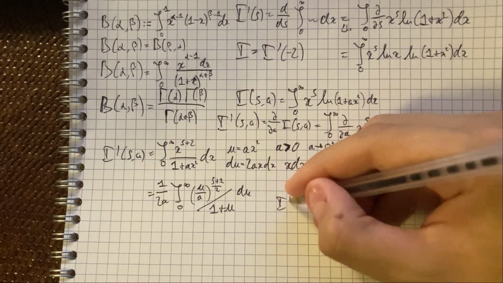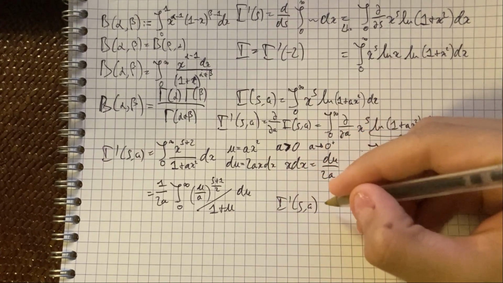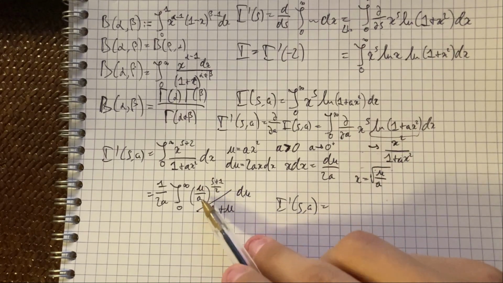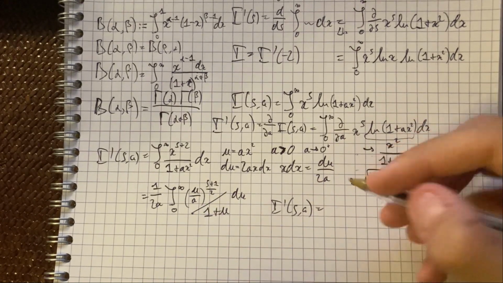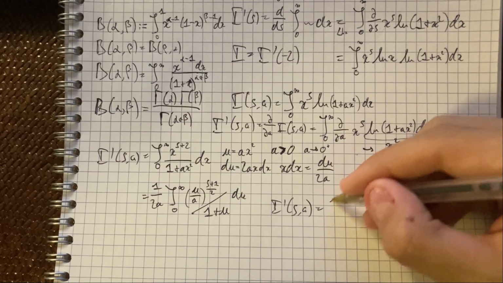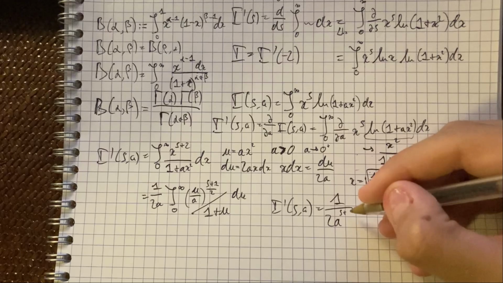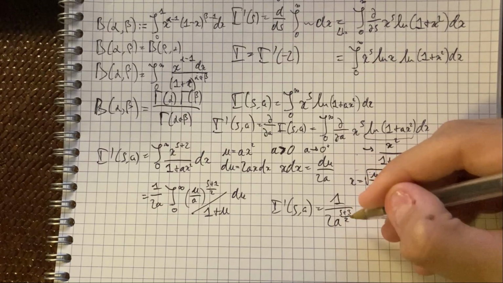Which means we take this a to the s plus 1 over 2 power outside of the integral. I prime of s, a equals 1 over 2 a to the s plus 3 over 2.